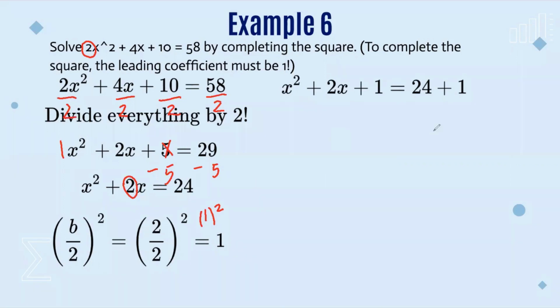I'm going to go ahead and simplify 24 plus 1 to just 25. As for x squared plus 2x plus 1, it would just be x plus 1 squared. Again, I'm using the shortcut where you find half of your b value, so just divide your b value by 2, and that's the value that you're either going to add or subtract to x squared.